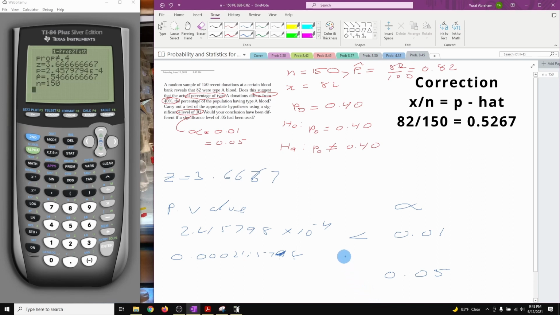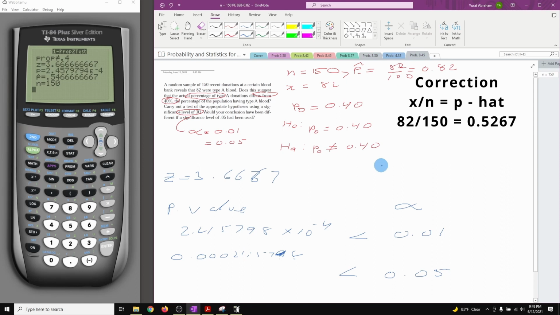And we can answer the second question the same way, less than. Because 0.01 is like 1 cent, and 0.05 is like 5 cents or 5 pennies, and your p-value is not even in the cents. It's really small.